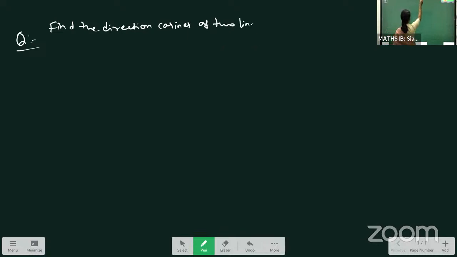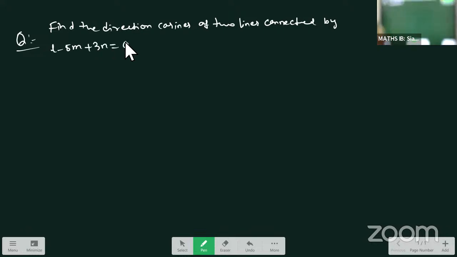The question goes like this. Find the direction cosines of two lines connected by l minus 5m plus 3n is equal to 0, and 7l square plus 5m square minus 3n square is equal to 0.